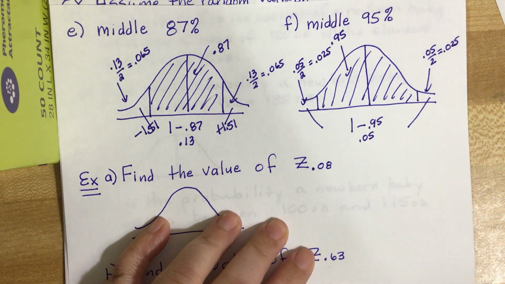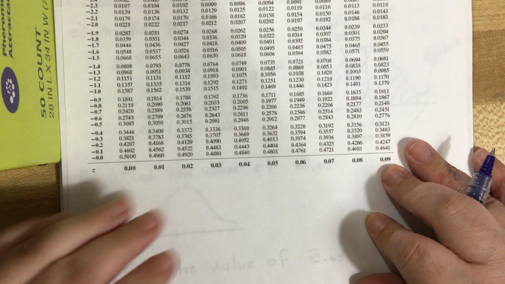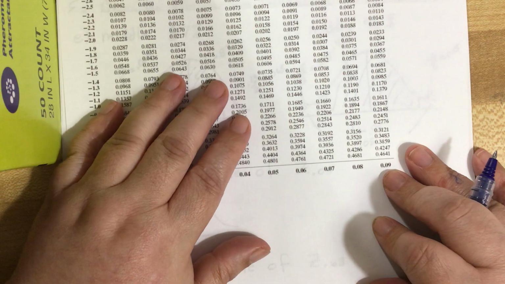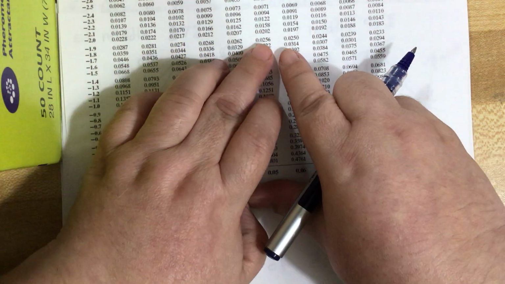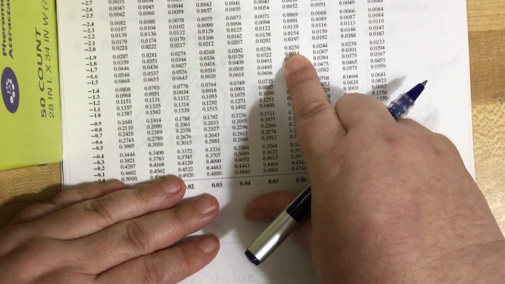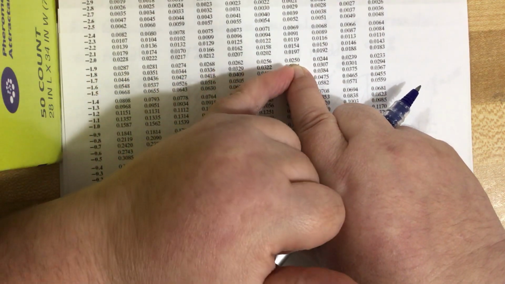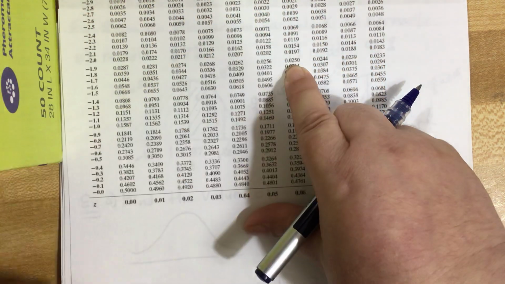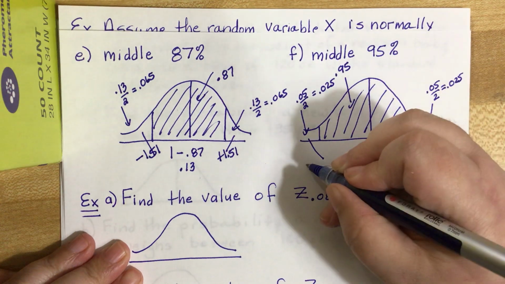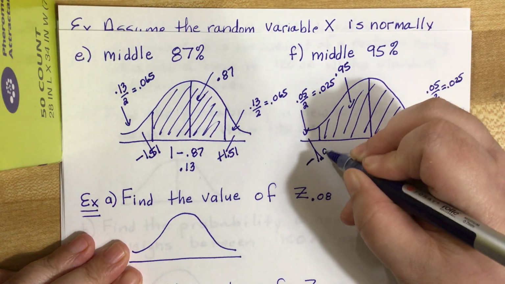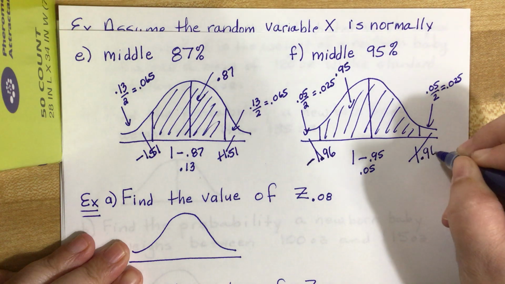Now we can look in the table for 0.025. And when you look in the table for 0.025, oh, we happen to land right on it. That is the value negative 1.96. So that is negative 1.96 here and positive 1.96 here.